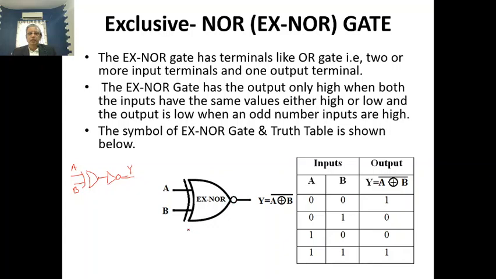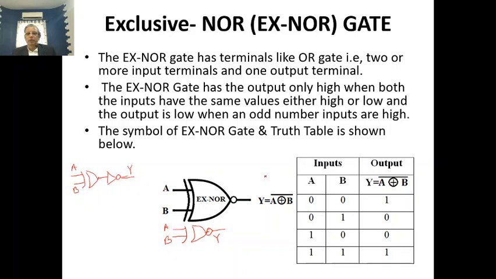Means this symbol is like this. This is the XOR gate followed by this inverter, and the inverter is replaced by this bubble. Bubble means inversion of the output of the XOR gate. This is A, B and Y.